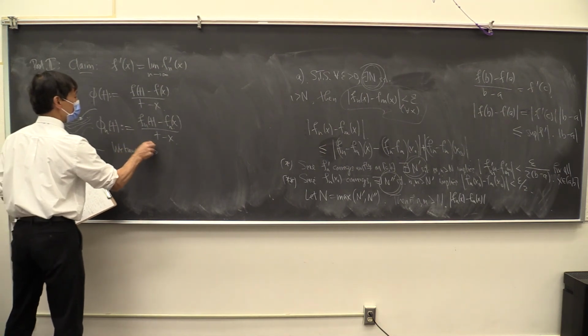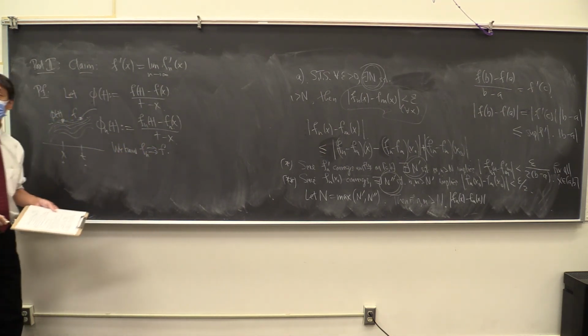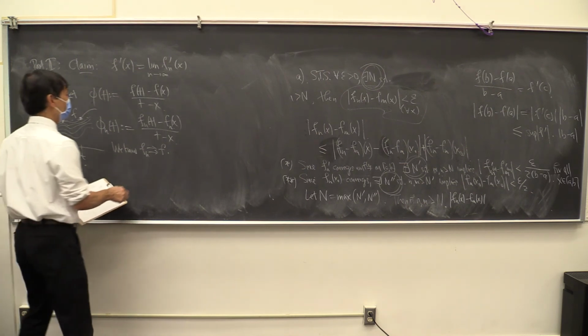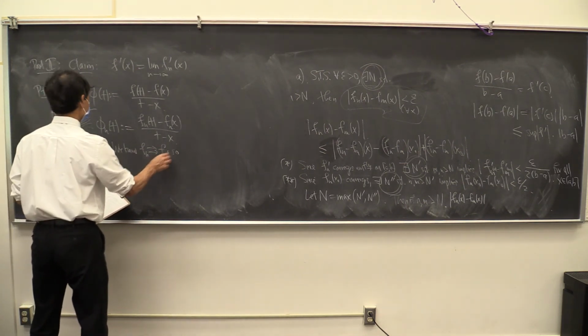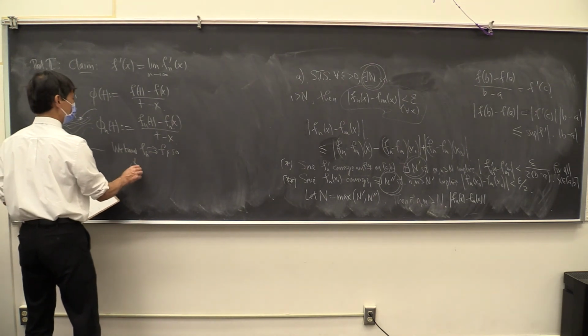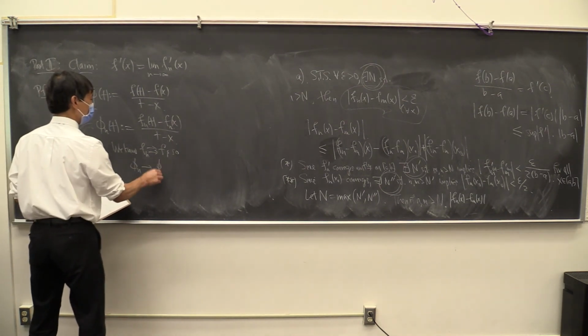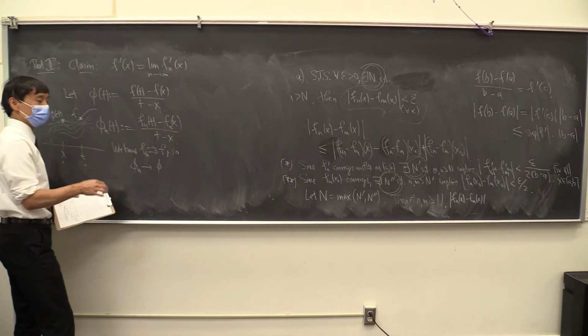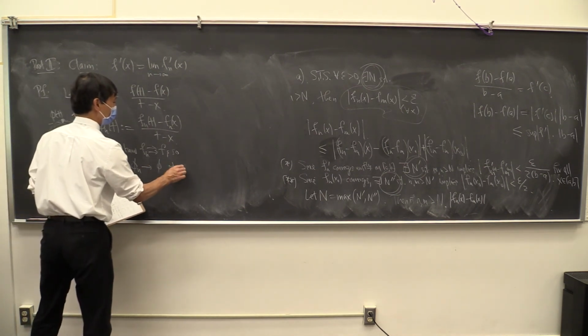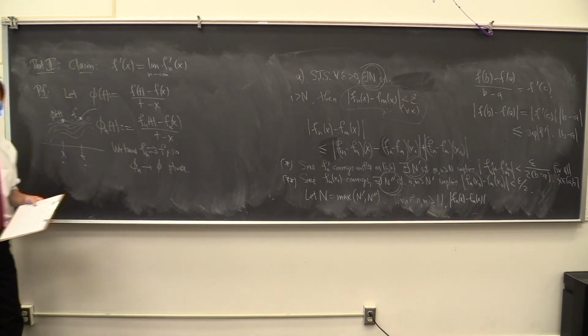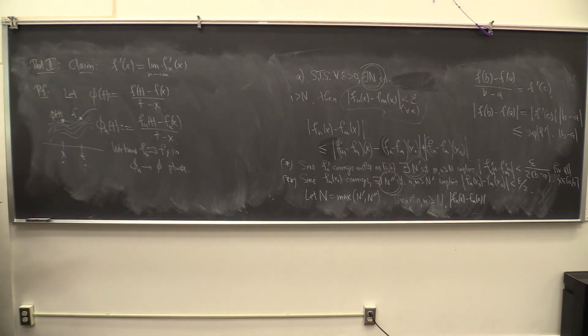We just showed that the f sub n's converge uniformly to f, and so the f sub n's converge pointwise to phi. I'm sorry, the phi sub n's converge pointwise to phi.